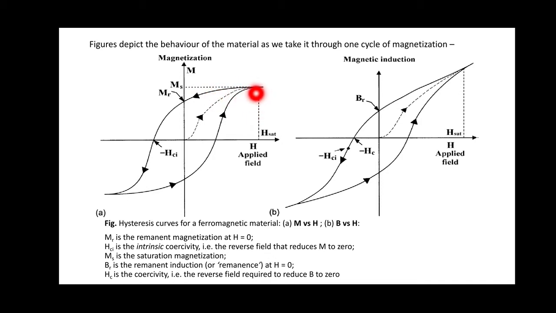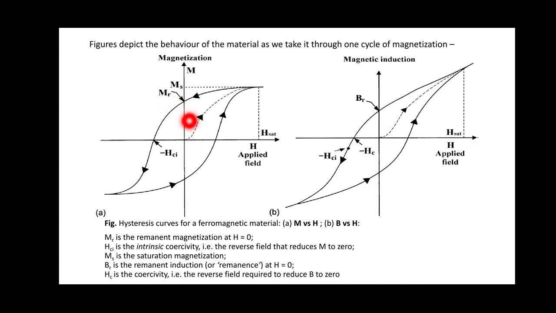Now after reaching saturation magnetization, if we decrease the applied field and take it to zero, that is, remove the external field, the material remains magnetized, and this is the remnant magnetization.